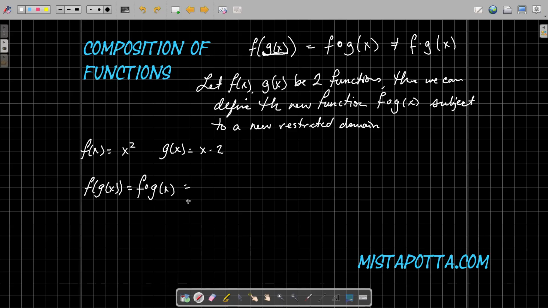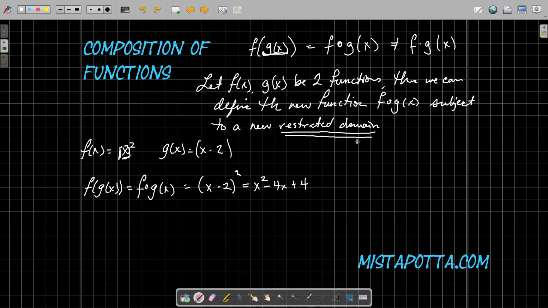What this basically means is that everywhere I see x in my f function, I'm going to replace it with this expression. So it's really x minus 2 quantity squared, or x squared minus 4x plus 4. And something to keep in mind is that if either of our functions has an issue with domain, our composition should also have an issue with domain.